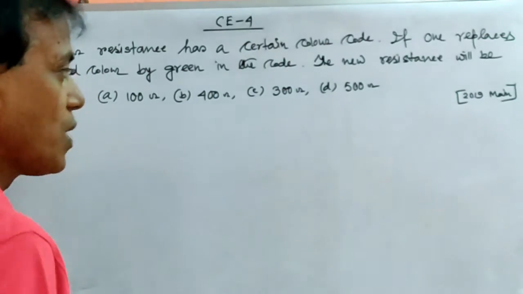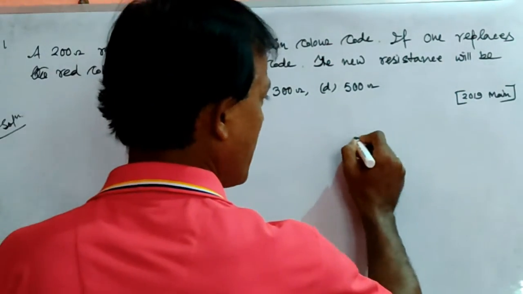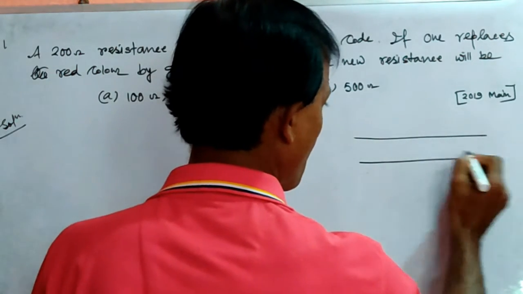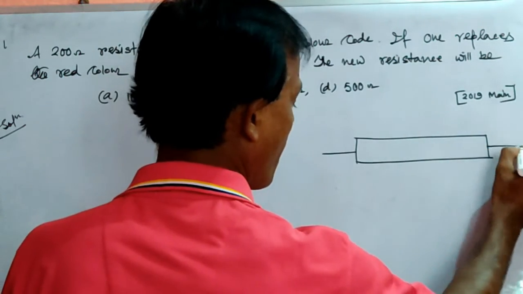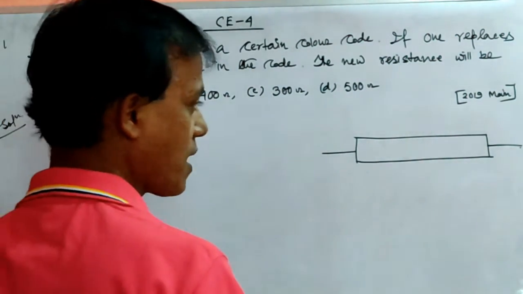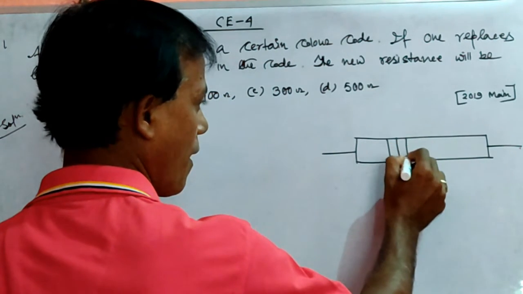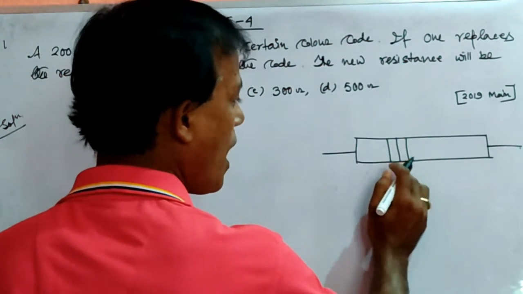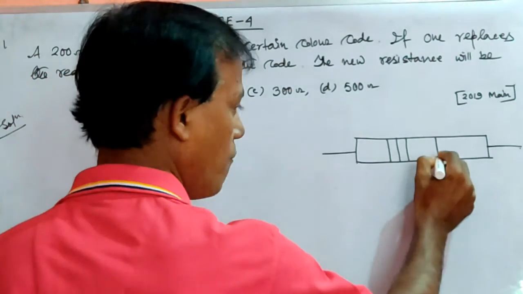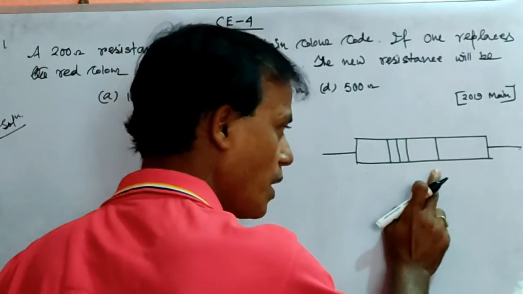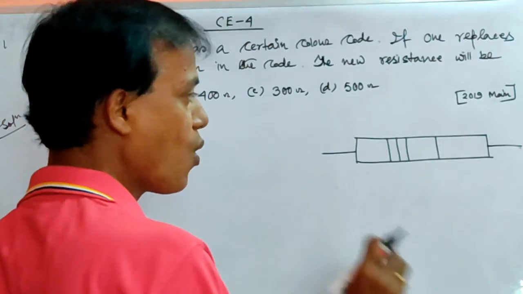First of all, we have to know the color code of resistance. In carbon resistance, there are different colors in such a way, with the same spacing. After that, one color more, it may be gold, it may be silver, or there may be no color.